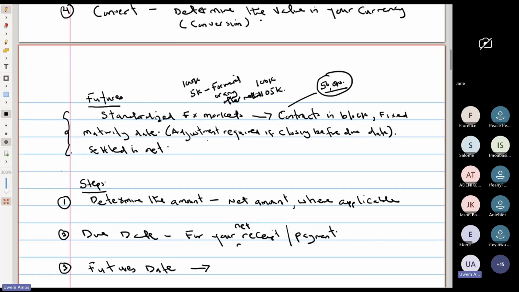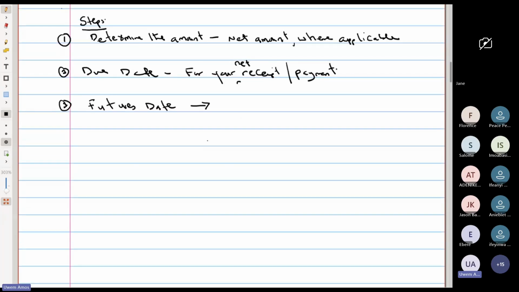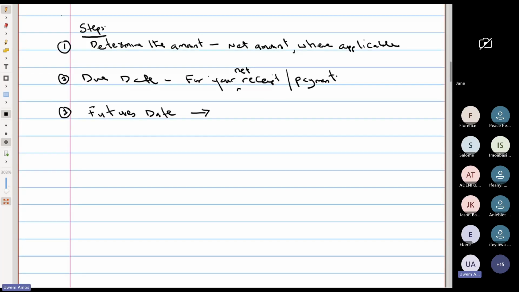The futures you would buy, the futures that you go into a contract with, would be the one that matures on the date you need to consummate the transaction or immediately after.